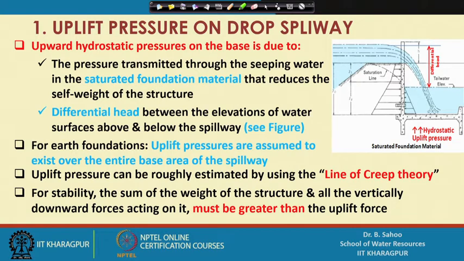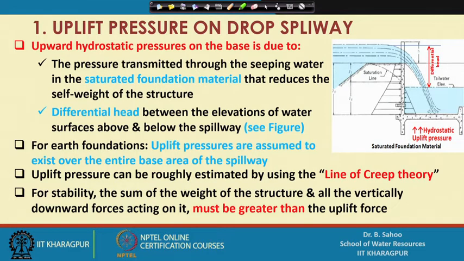The upward hydrostatic pressure on the base is due to the pressure transmitted through the seeping water in the saturated foundation material that reduces the self weight of the structure, and this is mostly caused because of the differential head. You can see this figure.